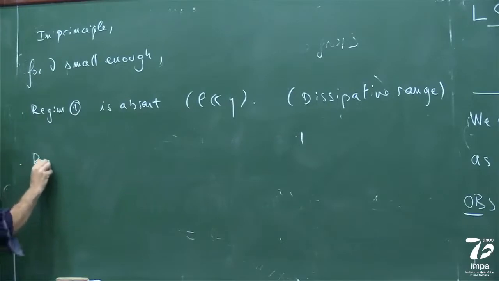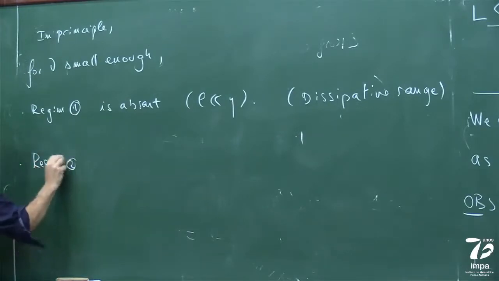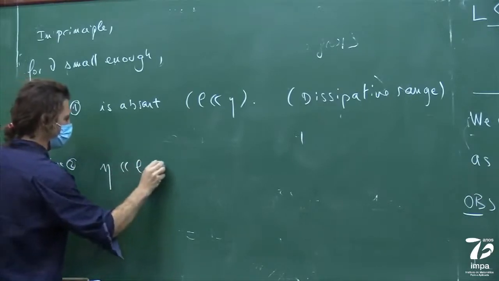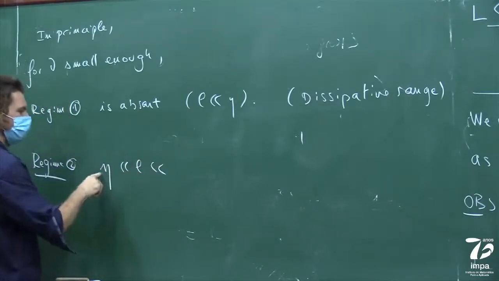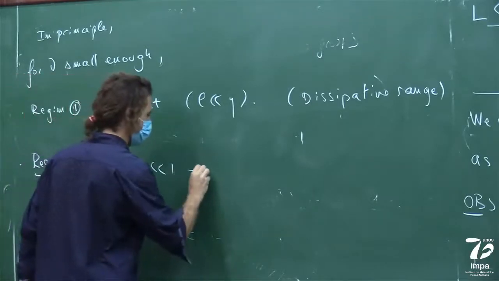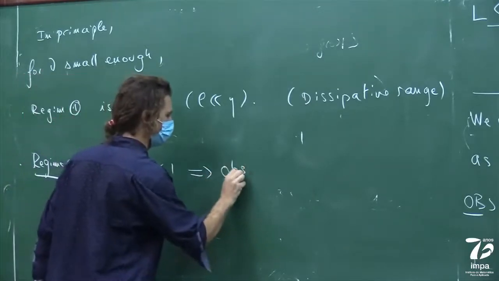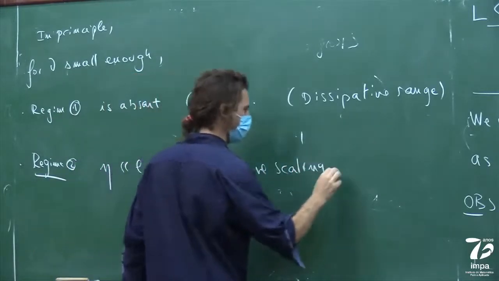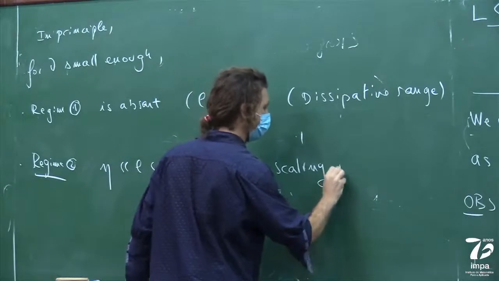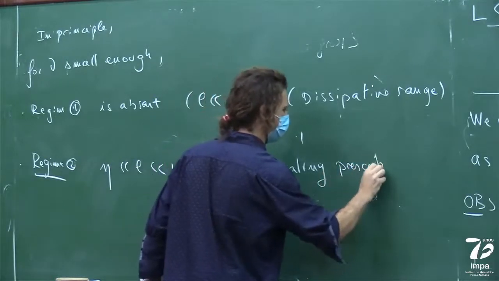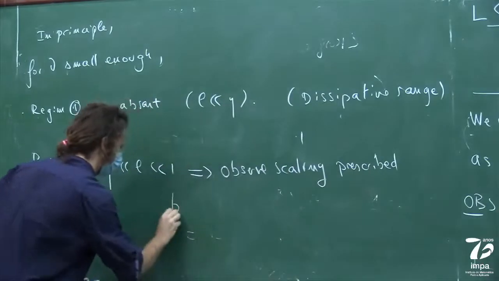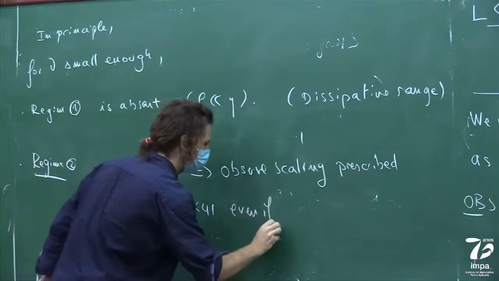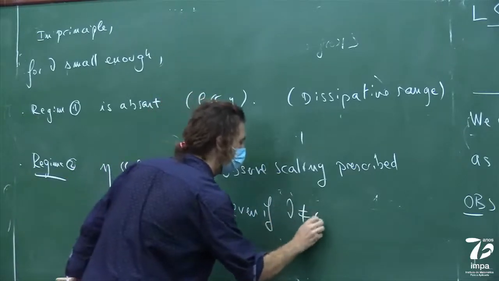Regime 2, for which the observation scale is between eta and 1. Then you observe scaling prescribed by K41, even if nu is not 0.